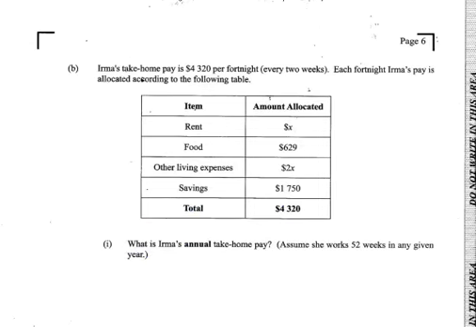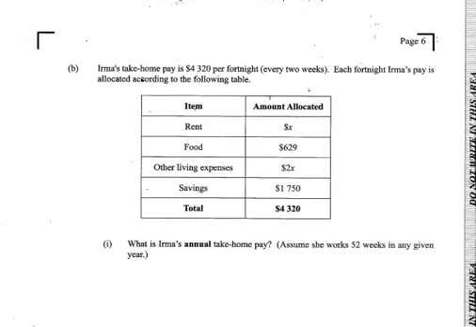Alright, here now we're looking at part B of the question. Question number 1, B. The question says, Irma's take-home pay is $4,320 per fortnight, and per fortnight means every 2 weeks.